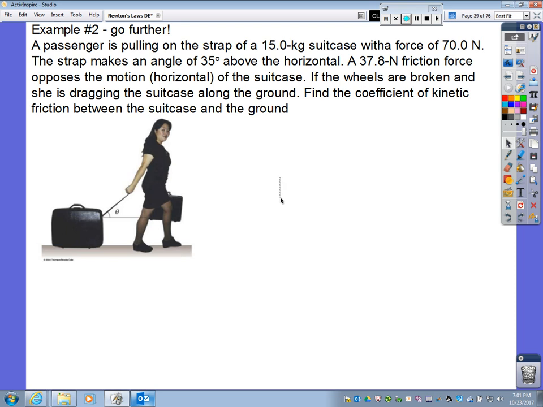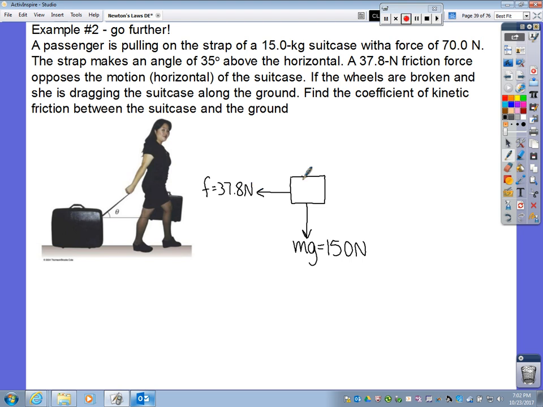So let's make that free body diagram again. We've got mg, and that is 15 kilograms times 10, 150 newtons. We've got the friction, which is 37.8 newtons.